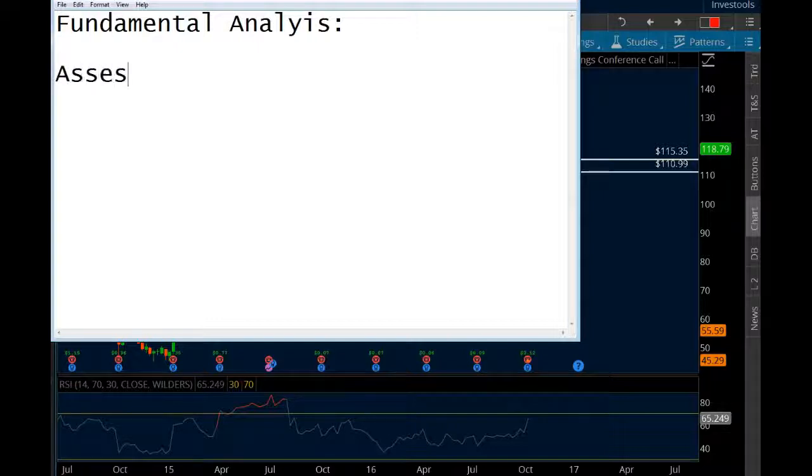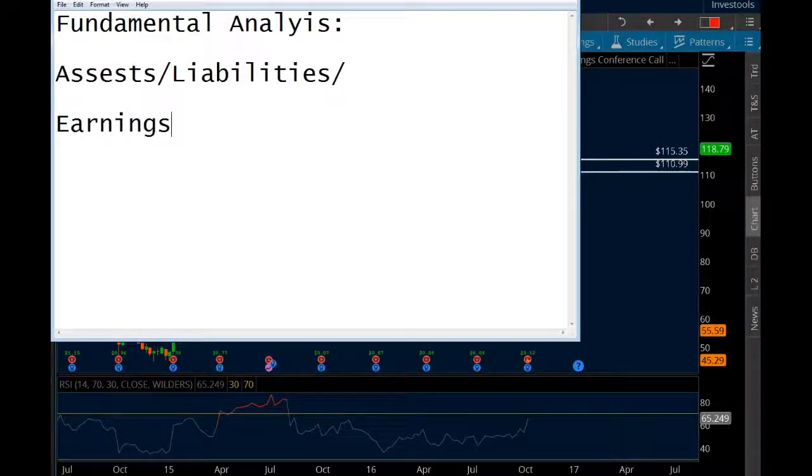So we look at assets on a company's balance sheet, liabilities, any earnings coming up, and you try to determine what the stock or the company's price should be worth. Maybe you learned this in college or undergrad or from investing books; what we've typically been taught is that this is how you analyze a company.